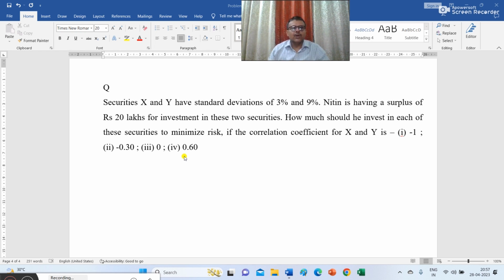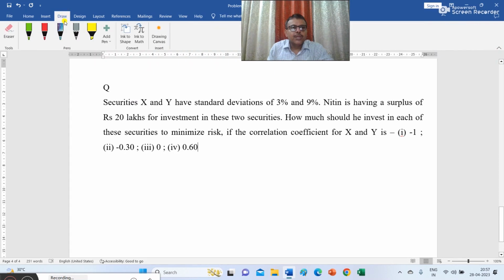So when you have two securities in your portfolio, how much do you have to invest in each security so that the overall risk is minimized? It is given by the formula for WX. You have two securities, X and Y, so it is a portfolio of two securities. How much do you need to invest in security X so that the overall risk is minimized?